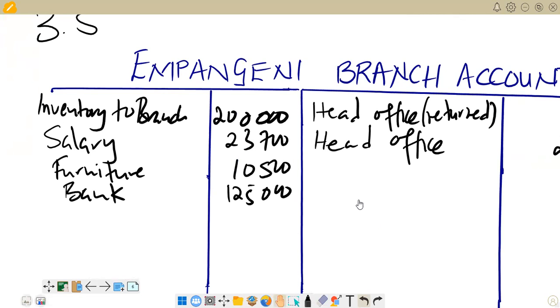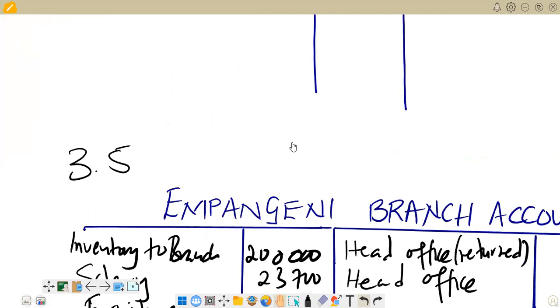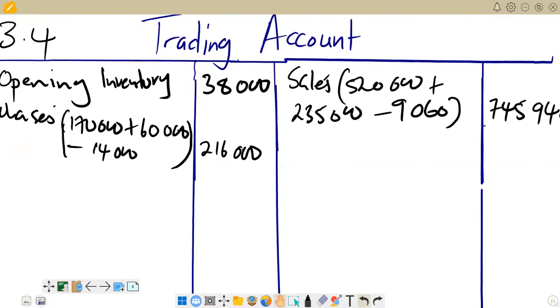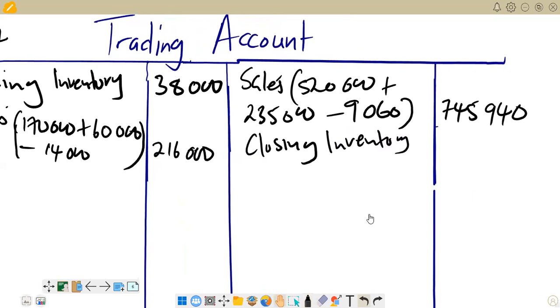So we are here. We are going to the credit side of the trading account. This is our trading account, and we are saying closing inventory, which is 43,000.